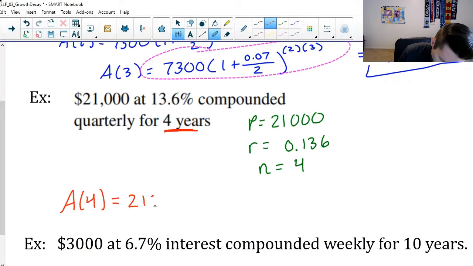So 21,000 times 1 plus 0.136 divided by 4, to the power of 4 times 4.